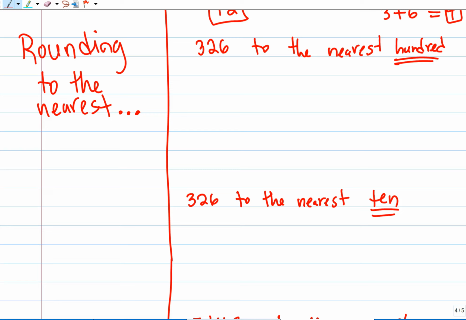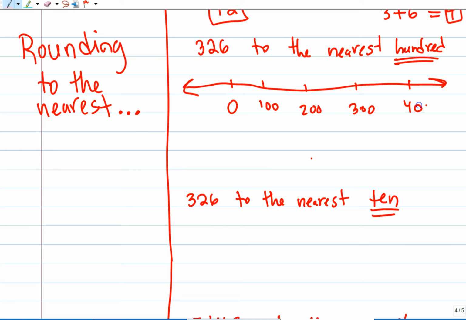If I'm taking 326 and I want to know where the nearest hundred is, I'm going to think about a number line, counting by hundreds: 100, 200, 300, 400, and so on. Where would 326 be? Well, it would be between 300 and 400. Which one would it be nearest or closest to?